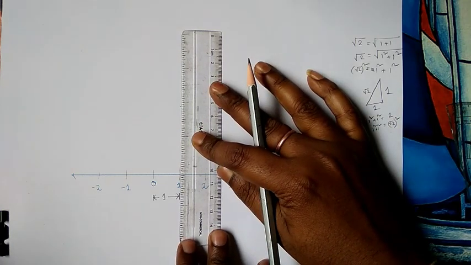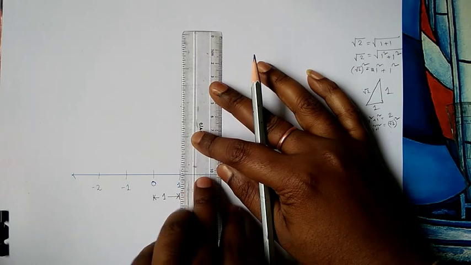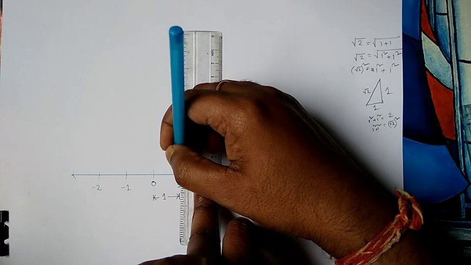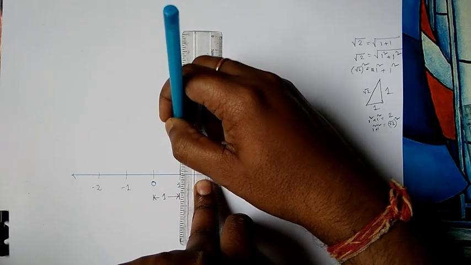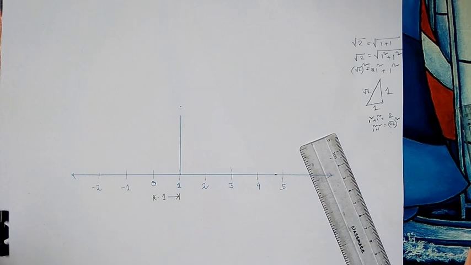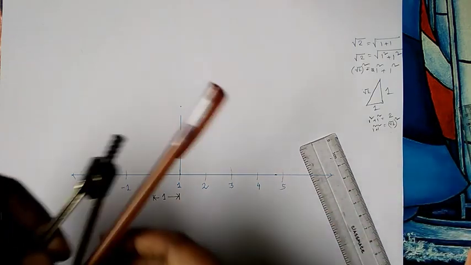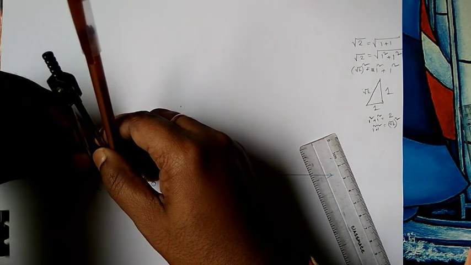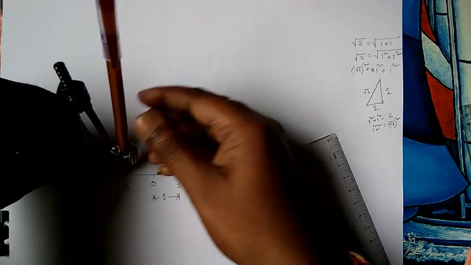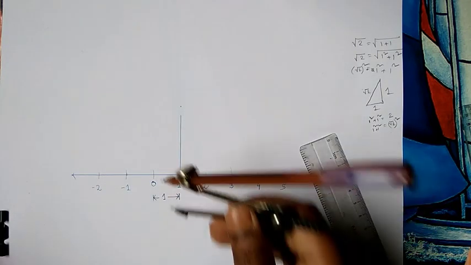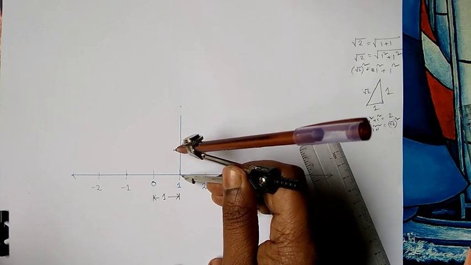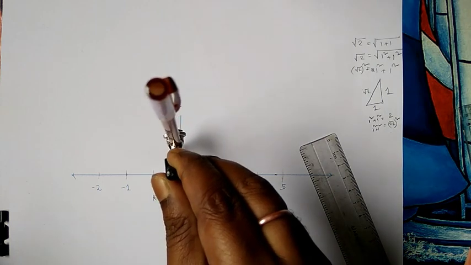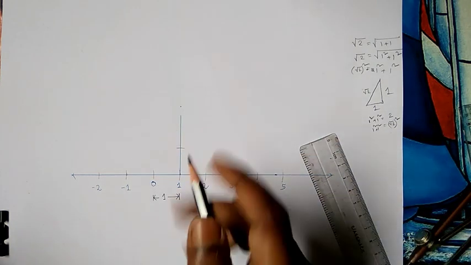So see, now already you have the length 0 to 1 unit, right? So from here you can take the exact length. Yes, I have it now. From this point 1, cut the value here. So it is also representing 1 unit.